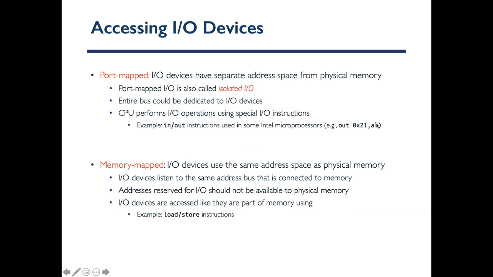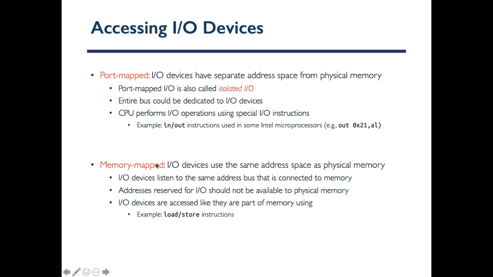This basically means write whatever you have in the lower bits of register A to this address. But because you're using out instead of store, the hardware knows that it has to use the I/O bus instead of the memory bus. If instead of out I had store, then the CPU would use the memory bus instead of the I/O bus.